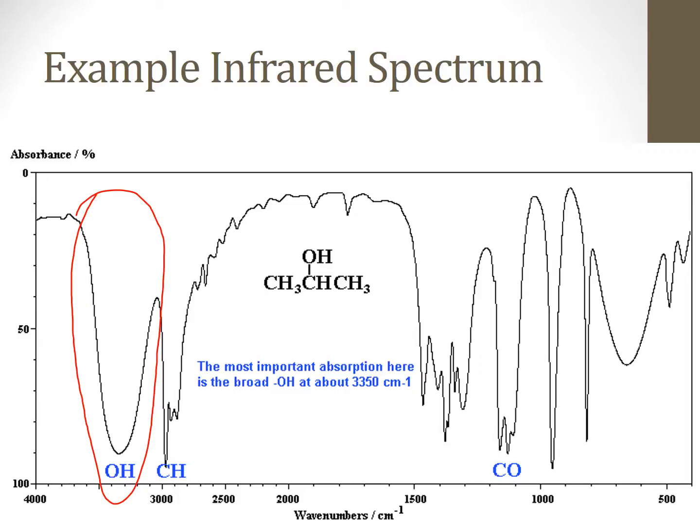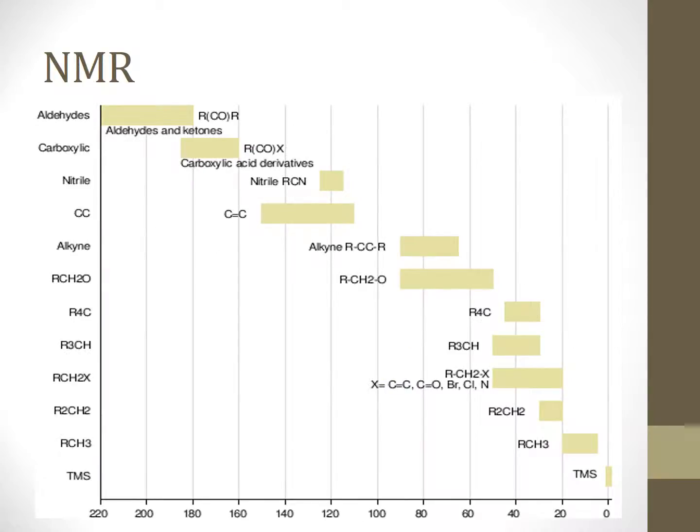It's really broad, and that's characteristic of that alcohol peak, especially for this molecule. Okay. And so really what I wanted to get from this, even though we've rushed through the infrared, is in order to identify each one of these, you really need to have that reference tool, which was on the slide before. Okay, moving forward to NMR.